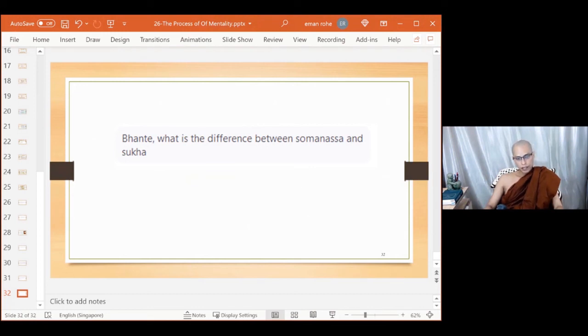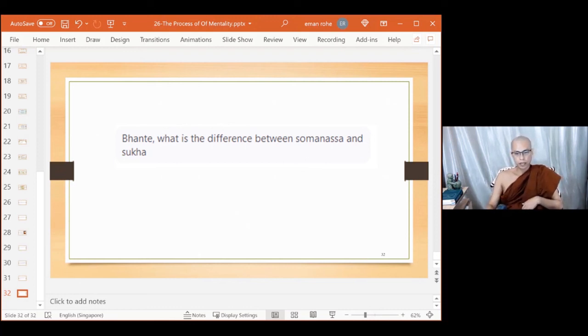So, Somanasa and Sukha. Somanasa is mental happiness. Sukha is physical happiness. Actually, Sukha is also a feeling in the mind, but based on the physical condition. In the consciousness, the Sukha accompanying consciousness is only the body consciousness, so it is based on the physical body.